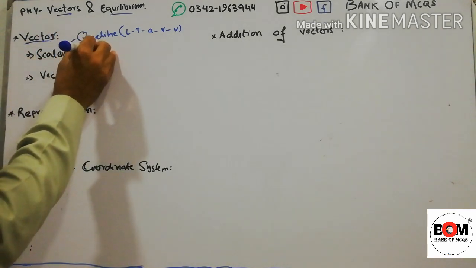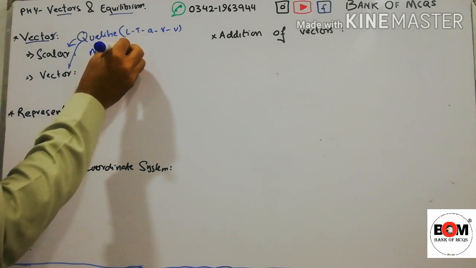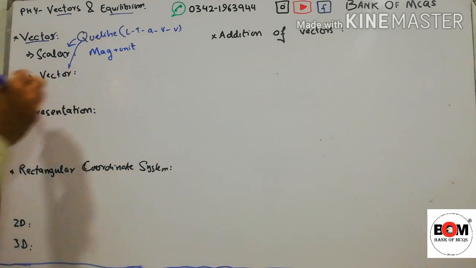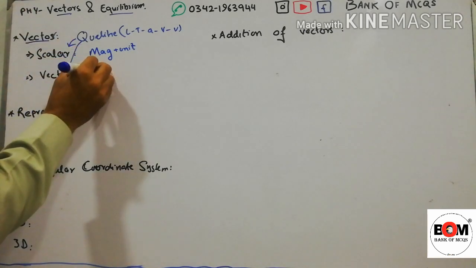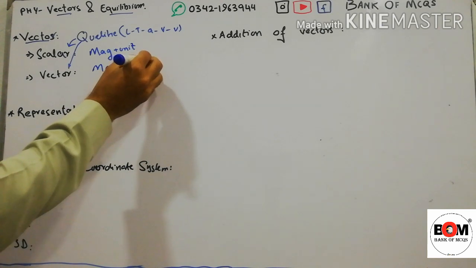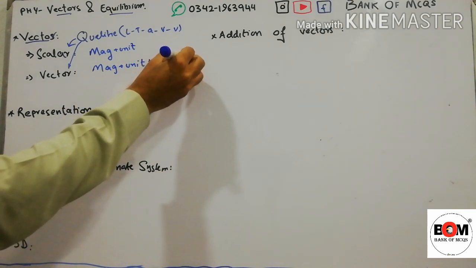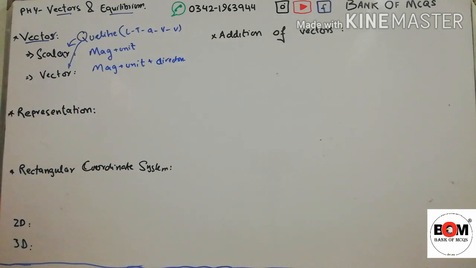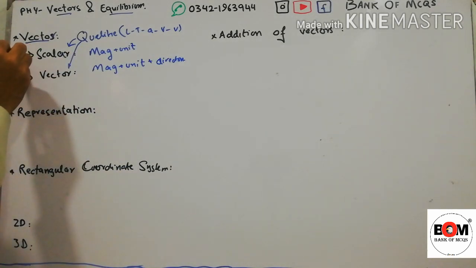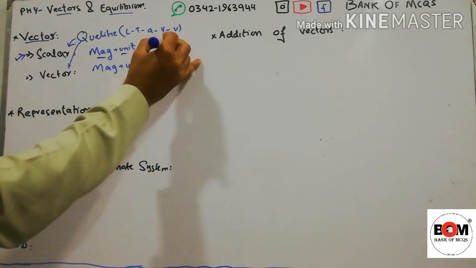Scalars are those quantities which have magnitude and unit. On the other hand, vectors are those quantities which have magnitude, unit, as well as direction.